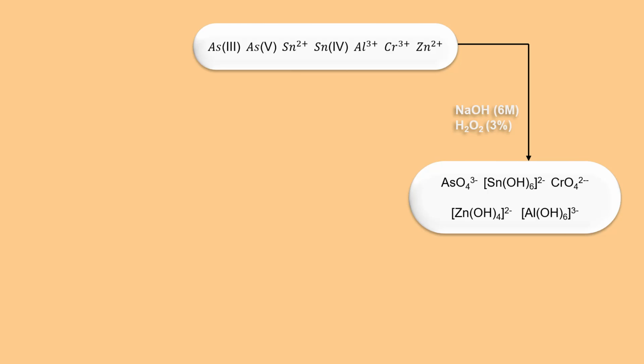And similarly, aluminum can expand its valence shell up to 6, so you have an aluminum hydroxo complex, which is actually equivalent to soluble metaaluminate species.